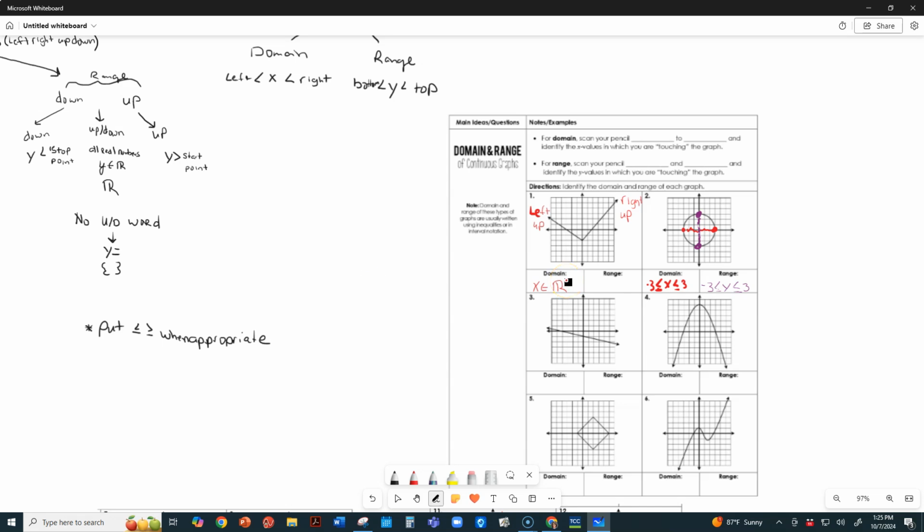So again, when we're reading this from the bottom up, the starting point will be the first time that I see my graph. There's where I see my graph right there. That's my starting point. That number on the y-axis is -2. So my range is going to be Y is greater than. It's always going to be greater than when your word is up. Y is greater than, and then whatever your starting point is. My starting point was -2.